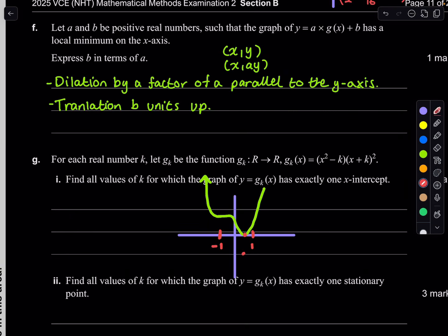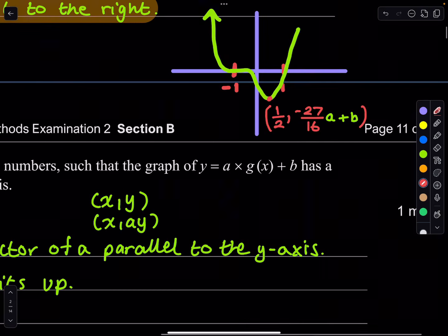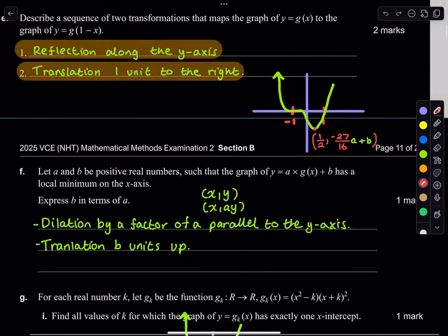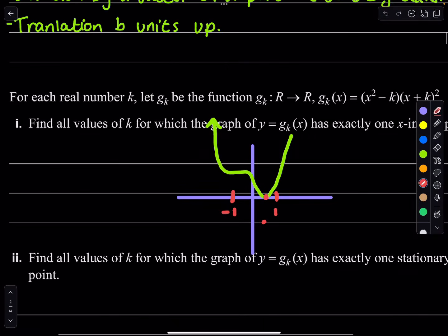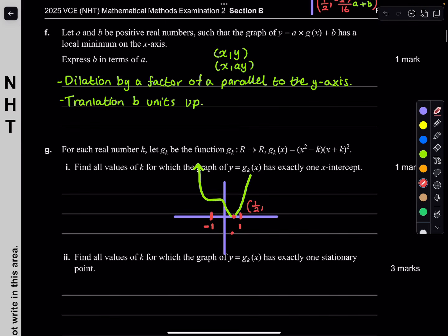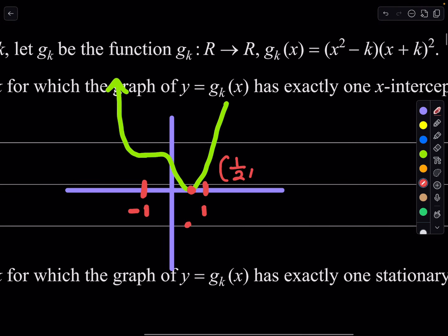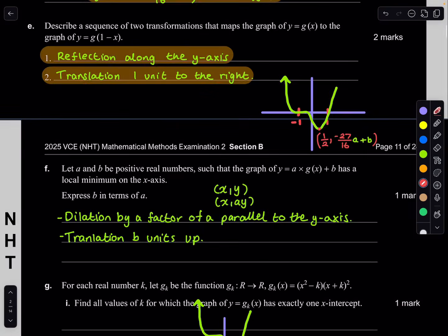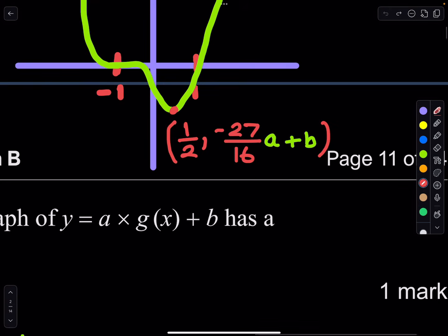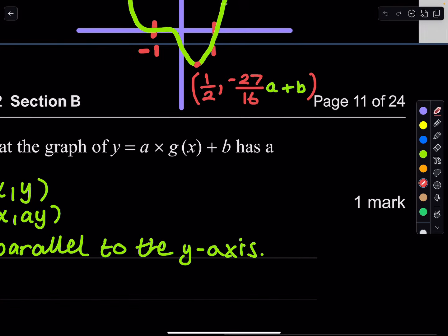Now, if you think about it, we've done all these transformations. But what is the y value that we want it to end up as? Remember, the x value doesn't change, so it's still a half. But for it to be the minimum point on the x-axis, the y value has to be 0, because it's going to be on the x-axis. So imagine that we've done all these transformations. Let's write that down. It only affects the y value.